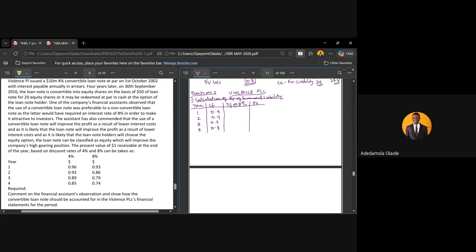Then the discount factor, they've given us that one. We'll just take that of 8%: 0.93, 0.86, 0.79, and 0.74. Then the present values.